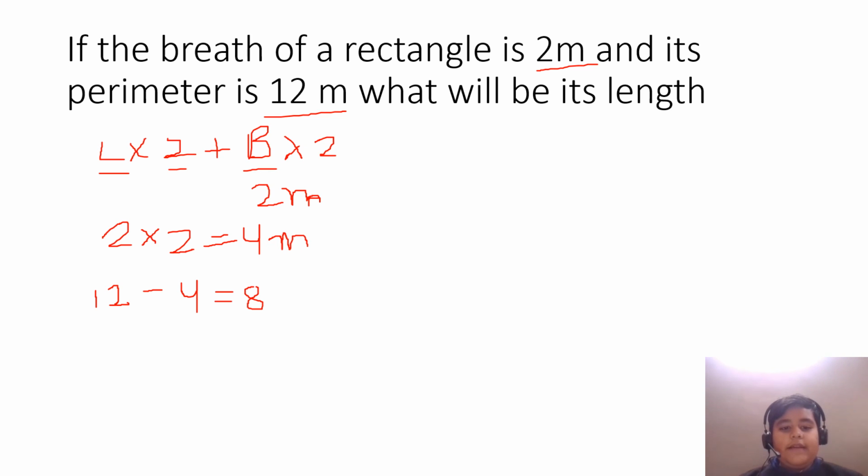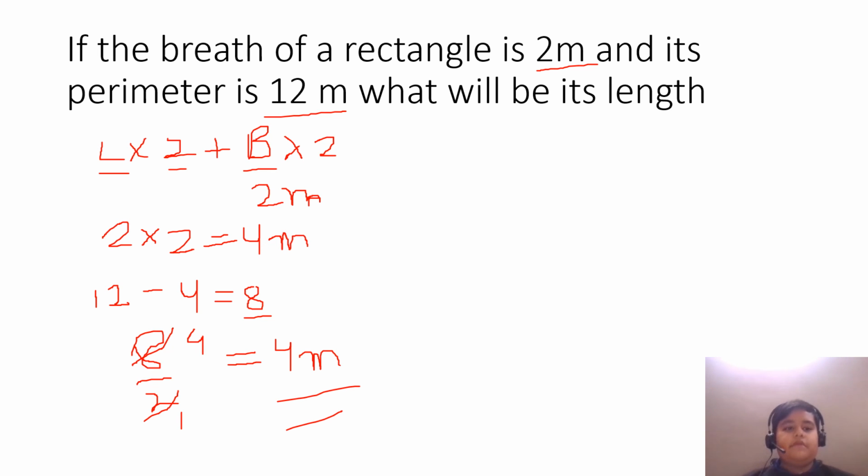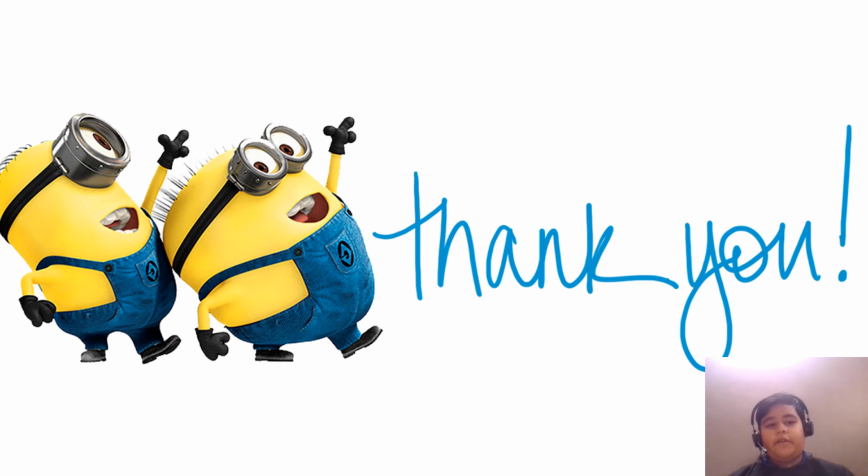So now we know that length into 2 is 8. So now we should know what will be the number which when multiplied by 2 will become 8. So to get this, we'll divide 8 by 2, which will be 2 ones are 2, 2 fours are 8. So the answer will be 4. 4 meter is the length of this rectangle. Answer is 4 meter. Hope you understood this topic. Thank you.